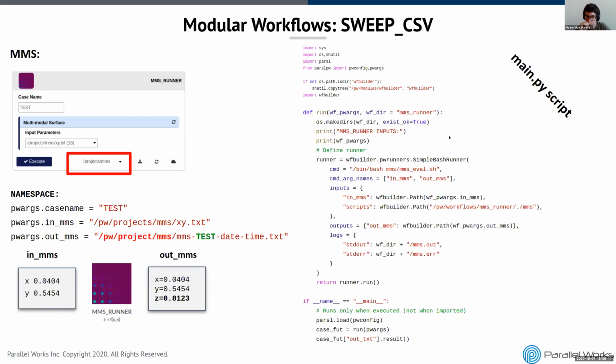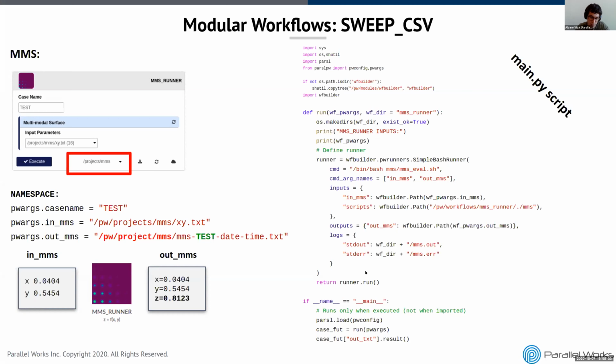And you can see the code, the main.py for this workflow on the right. It is very simple, and it uses the simple bash runner, which hopefully, if I have time, I will explain at the end of the presentation. But this is just defining a bash app in some particular way.